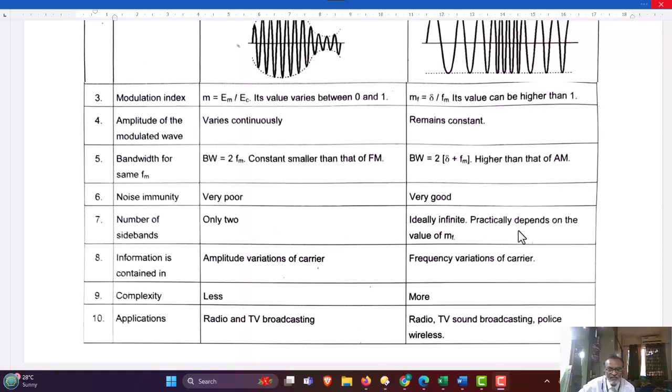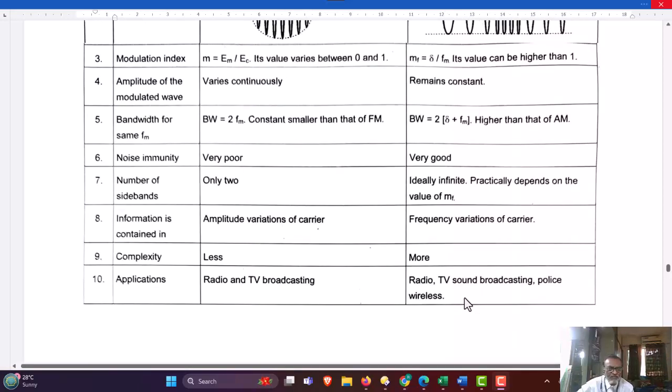Whereas in FM, we have seen the spectrum consists of n significant sidebands depending on the value of the modulation index mf. The information in AM is contained in amplitude variation, whereas in FM the information is contained in frequency variation. Complexity of AM is less compared to FM.